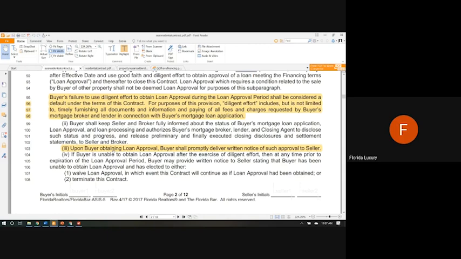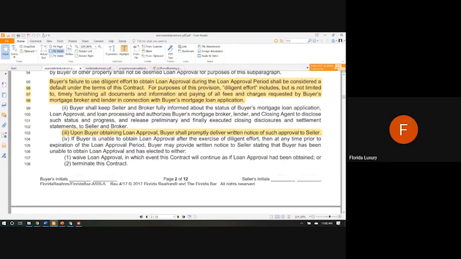Now, if the buyer is unable to obtain loan approval after the exercise of diligent effort, then at any time prior to the expiration of that approval period, the buyer can provide written notice and either waive loan approval or terminate the contract.